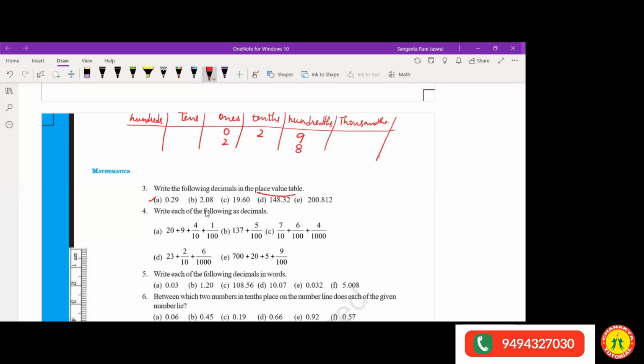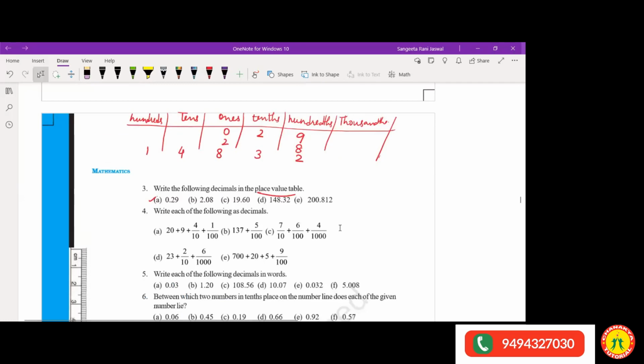Ma'am, in hundreds place it will be 1, 4, 8, and in tenth place it will be 3, and in hundredth place it will be 2. Very good. Okay, Adrit, you tell me.